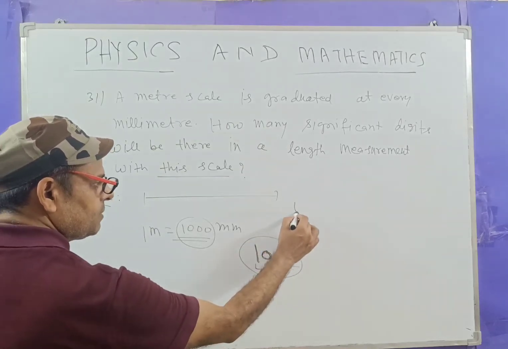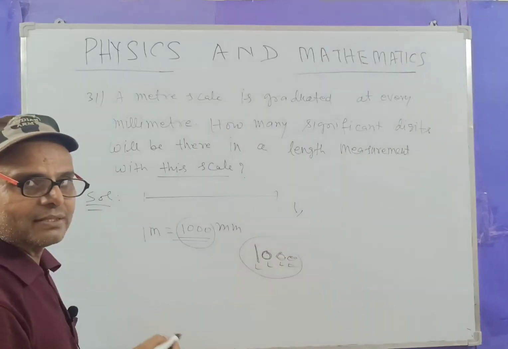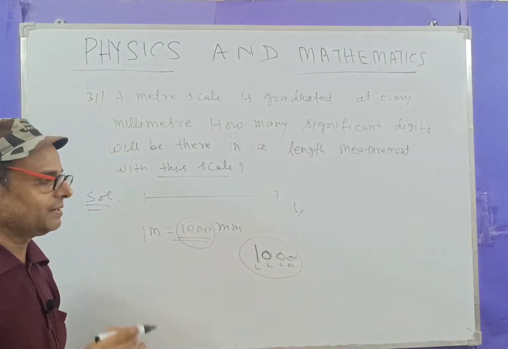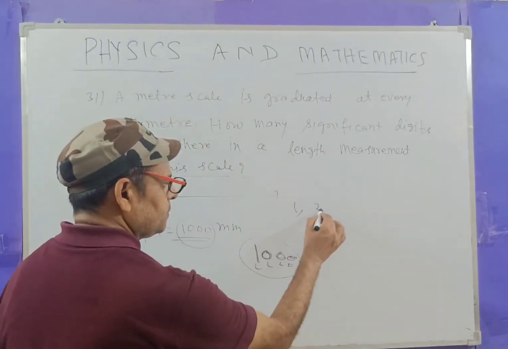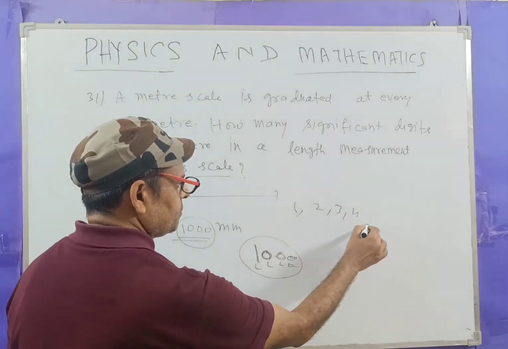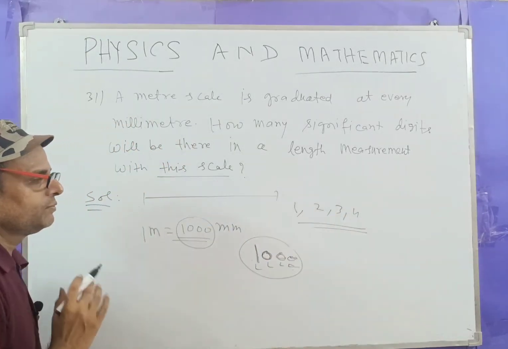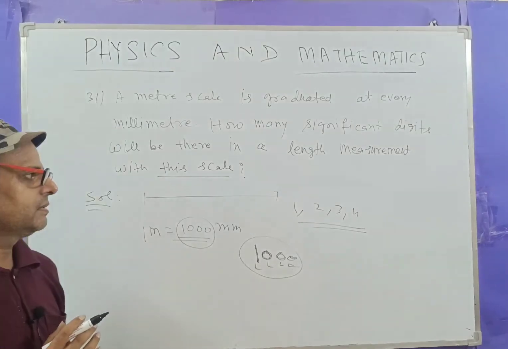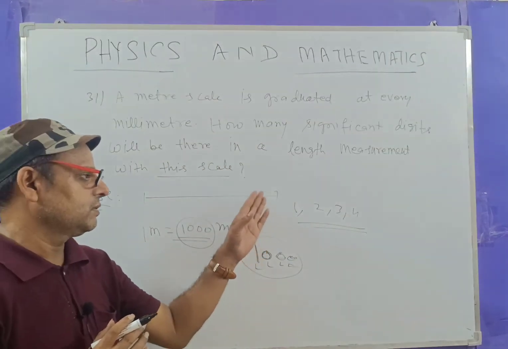There are 4 significant figures which could be written as 1, 2, 3 or 4.